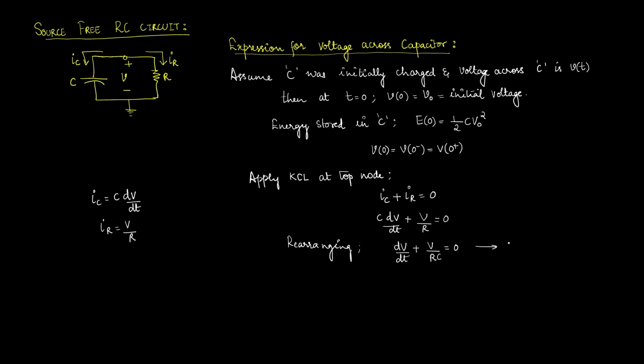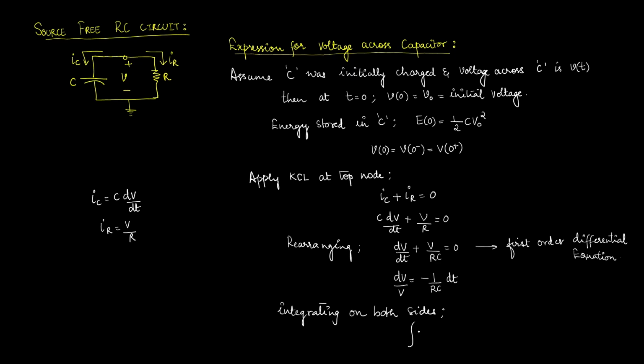This is a first order differential equation, obtained because of the single energy storage element, the capacitor. Now let us bring this towards the right hand side. We have dV by V equal to minus 1 by RC dt. Let us integrate on both sides.